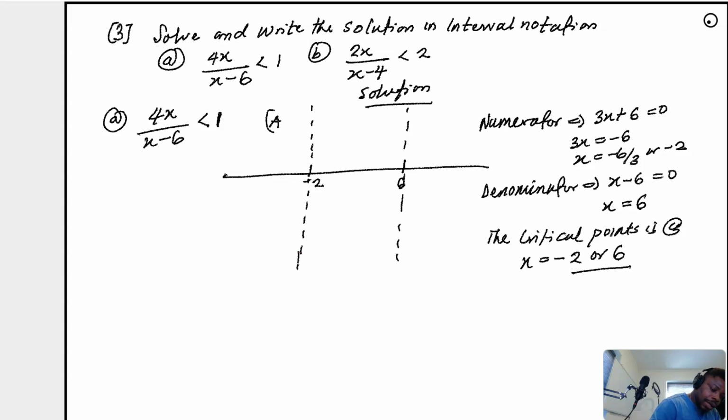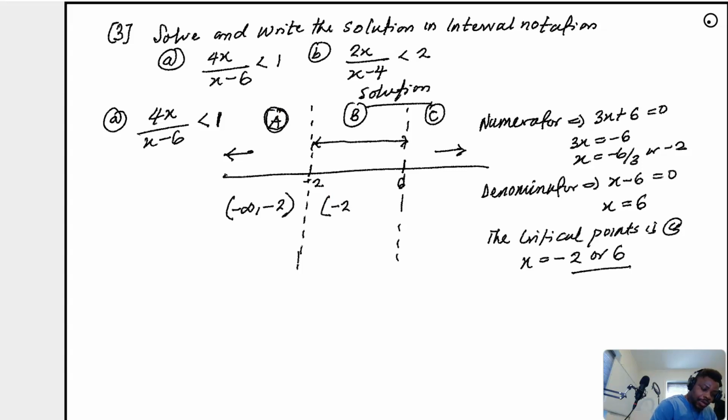So this is A, this is B, and this is C. Remember, this is continuous, and this is in between. For A, let's put our interval minus infinity to minus 2. For B, let's put our interval minus 2 and 6. For C, let's put our interval 6 and infinity.